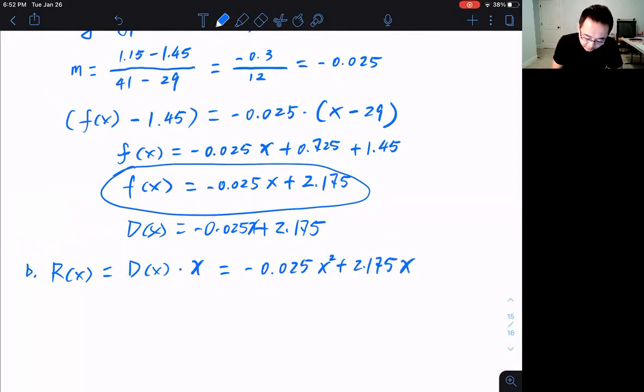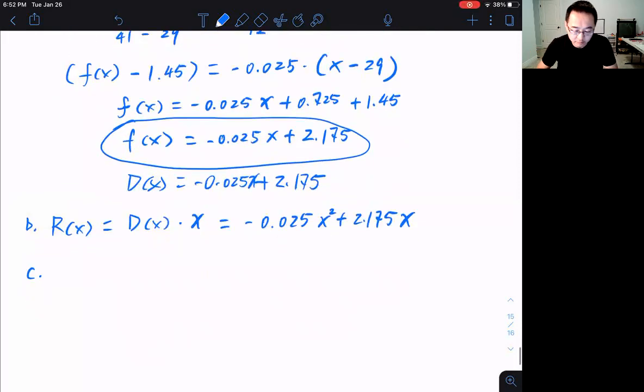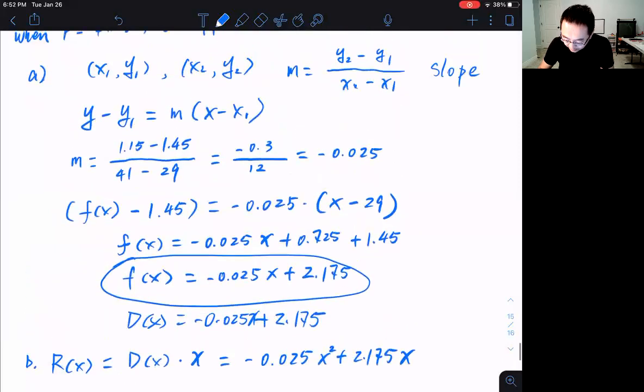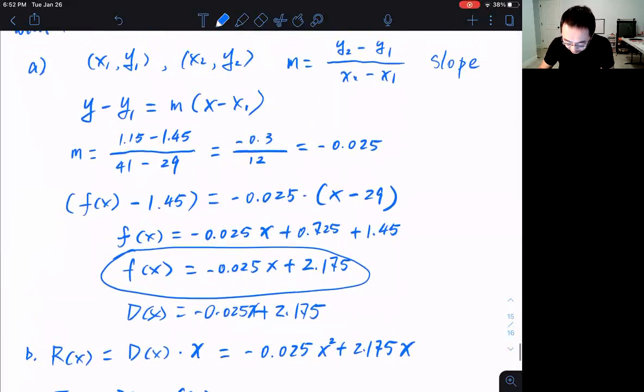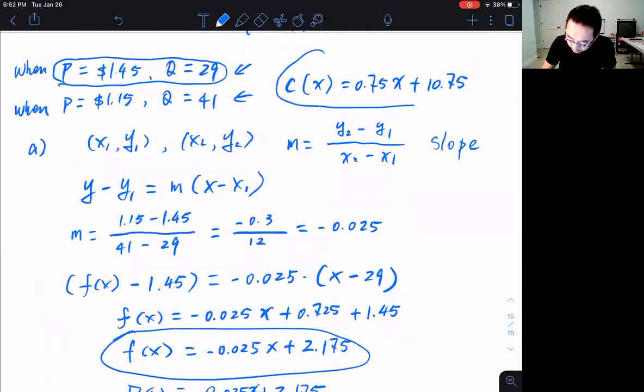And if I ask you the same question like I did with the last example, what is the profit function? Then you know that your profit function pi of x equals your revenue minus your cost. And the cost function was given to us, right here.